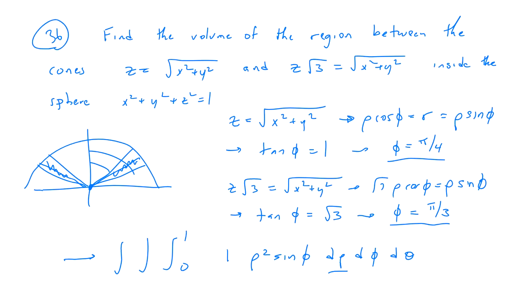Phi goes from the 2 angles we did, so we just have to put the smaller angle first. And then theta goes from 0 to 2 pi because there are no restrictions.